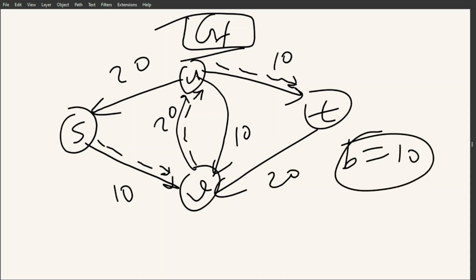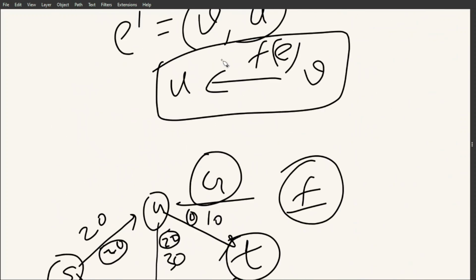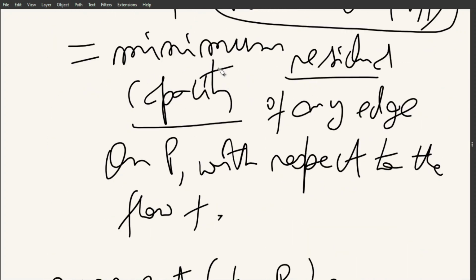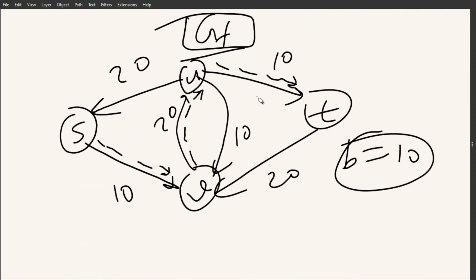So this is the same G_f that we have drawn earlier. Here we apply an algorithm, breadth first search or depth first search you can use, starting from node S, continue until you get T. So it is a simple linear time algorithm for finding an S to T simple path.